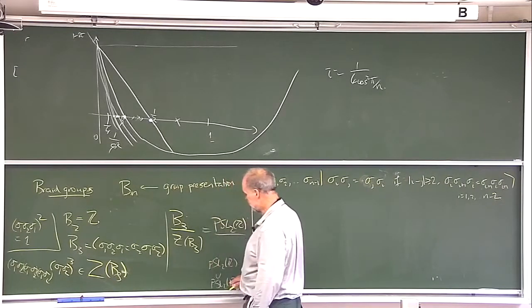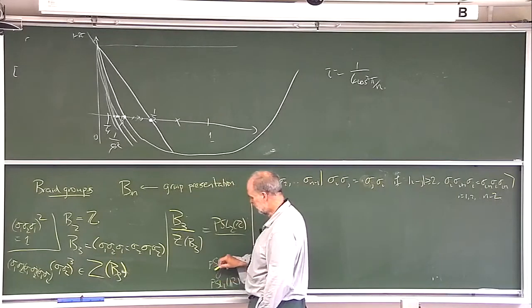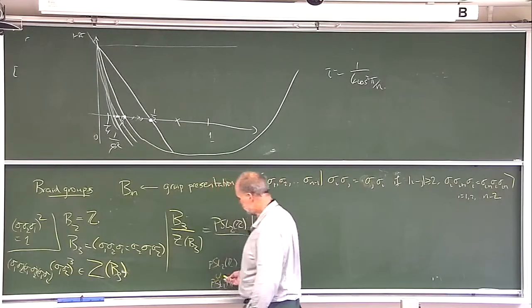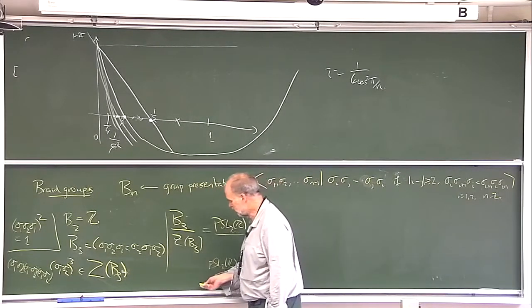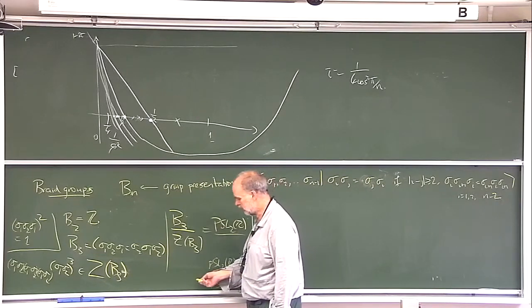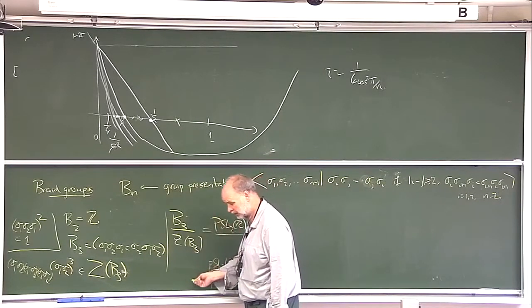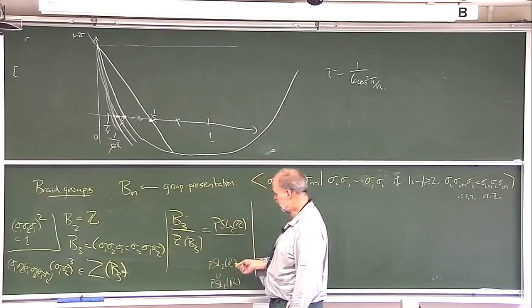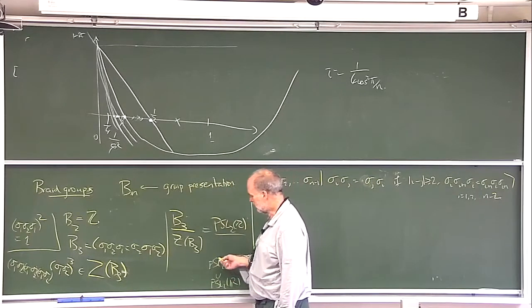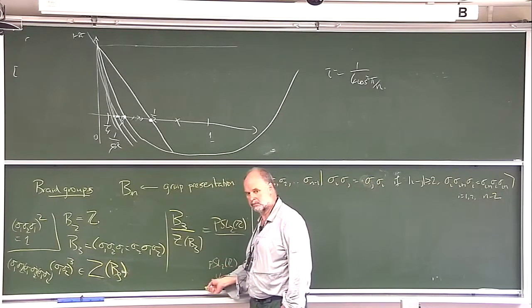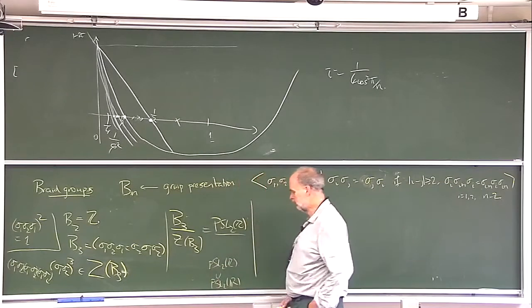That being a Lie group has a universal covering space, and the universal central extension is by Z, and this extension is just the pullback of the universal covering of PSL2R.